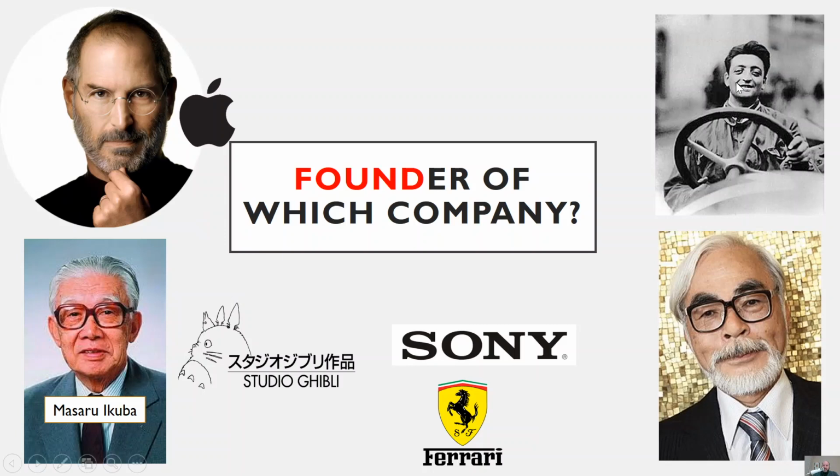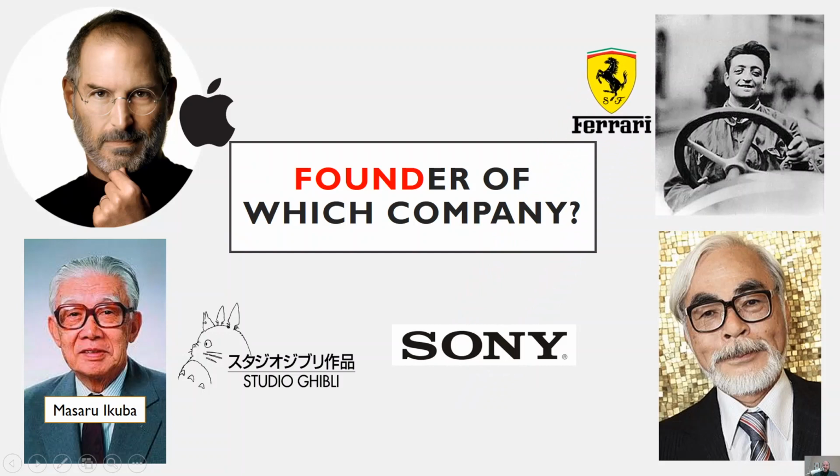How about this guy up here? A bit more difficult. He's driving a car. Maybe there's a clue. This is Enzo Ferrari. So he founded the Ferrari company. Originally, they made tractors. Did you know that? So, who are these guys?